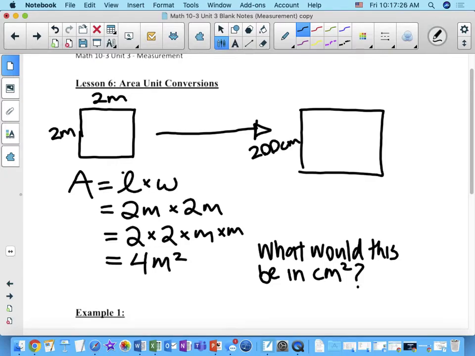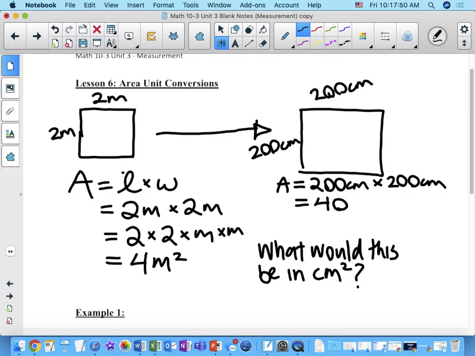And how many centimeters would this dimension be? 200 again. Okay, so area is length times width, which means it's 200 centimeters times 200 centimeters. Well, 200 times 200 is not 400. It's 40,000 centimeters squared. Yeah, okay?